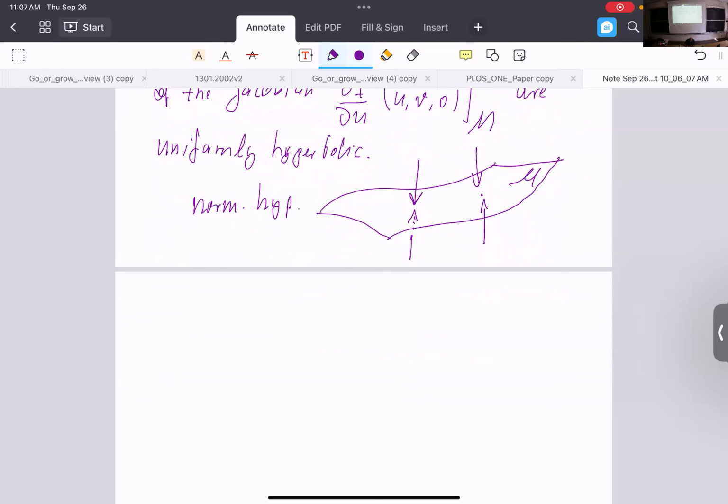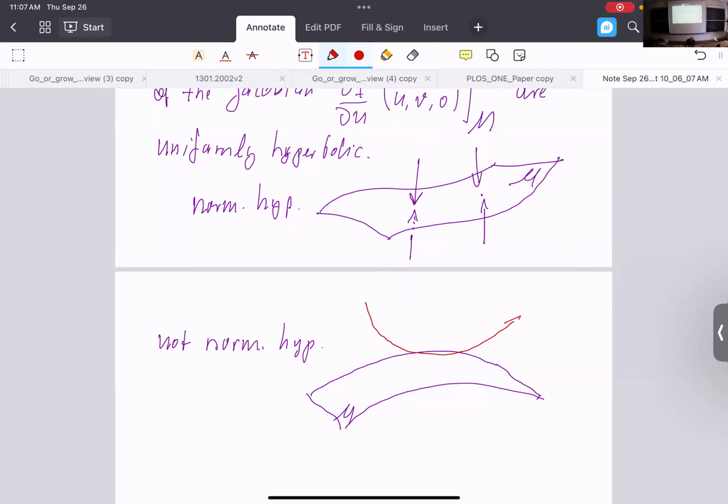So a counterexample of not normally hyperbolic, how would this look like? Let's maybe plot the manifold just a little bit different. So let's call this M. And it could happen that the vector field just touches. So if the vector field goes like this, touches, and goes up again, here it goes down, here it touches, here it goes up.